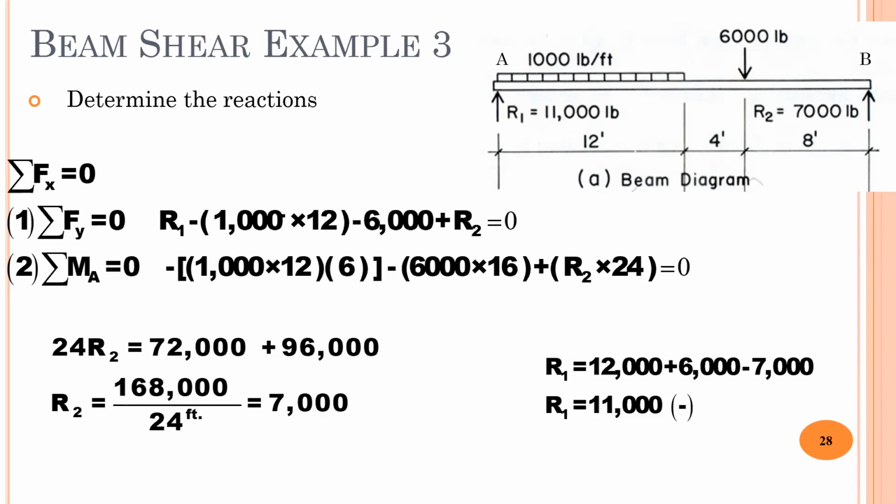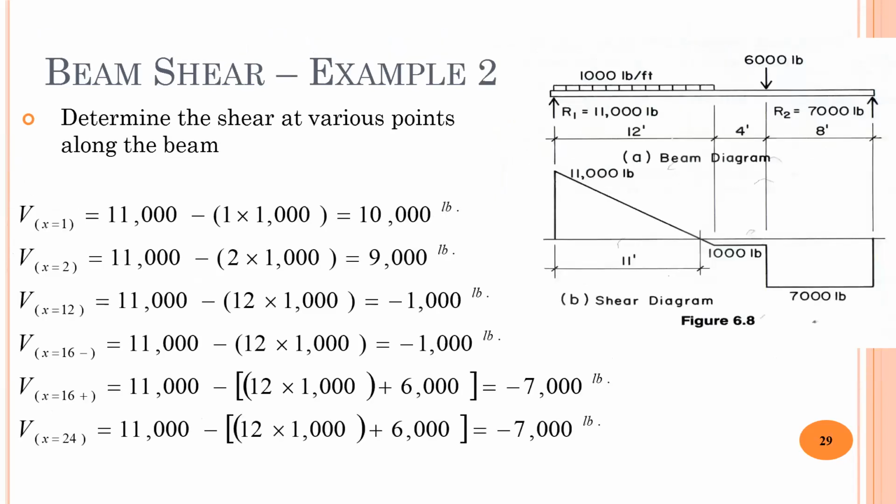Then we can look at the shear force for the different sections. So when X equals 1, it's going to be 11,000, because remember this was R1.